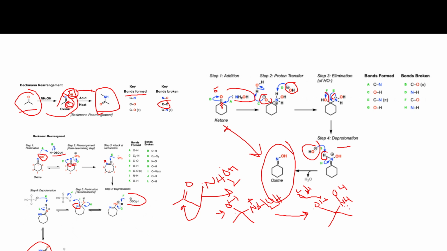Now it will happen: this nitrogen also has the lone pair, so it will become a double bond again. A double bond is more stable than the single bond. So what will happen? You become C double bond N, and this will be taken out.